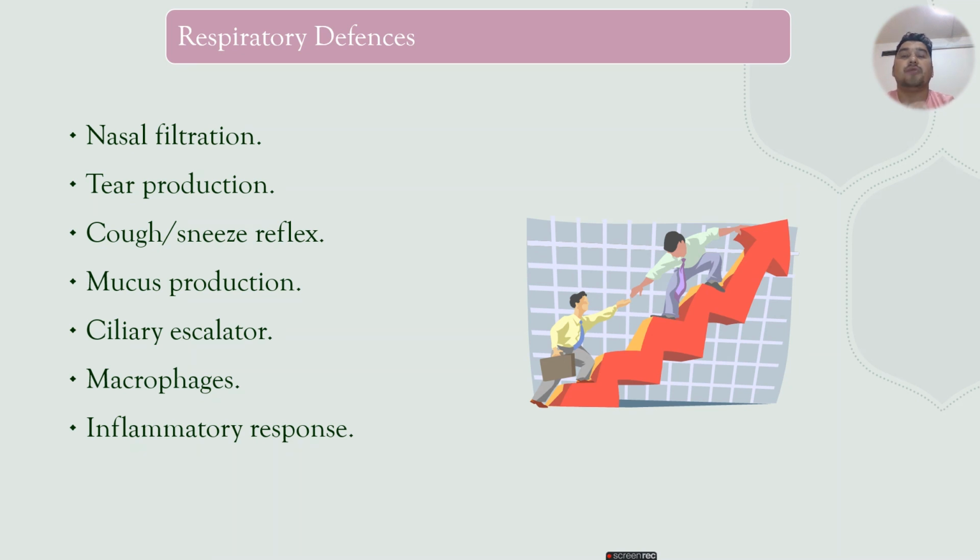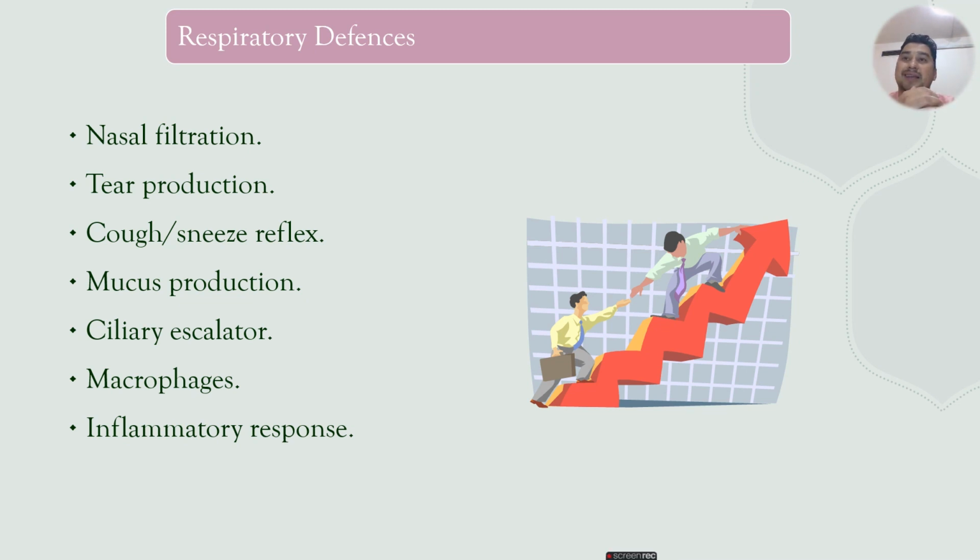Then, tear production: whenever any chemical or hazardous substance comes into contact with our mucous membranes, we start to tear. So through the tears also the hazardous substances come out and do not go into our body.